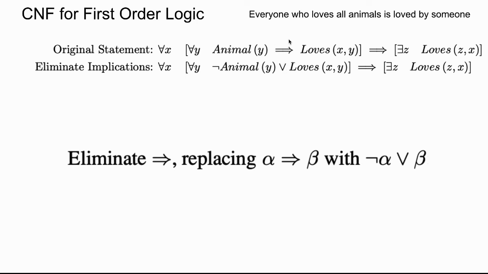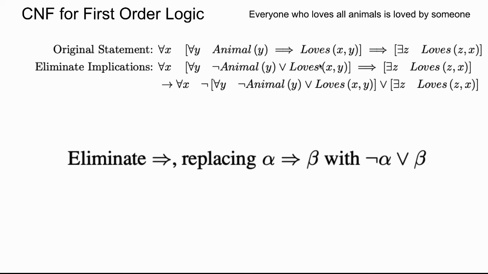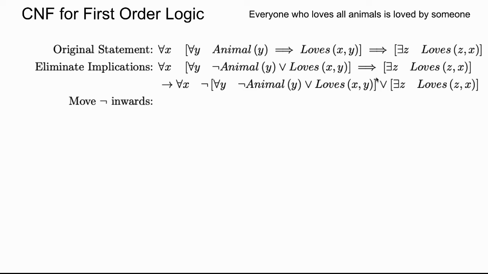So now when you do that, you remove this implies first, so you get a not animal of y or loves x comma y. Okay, now next you remove the next implication, so you get a not which is outside over here and a or over here.